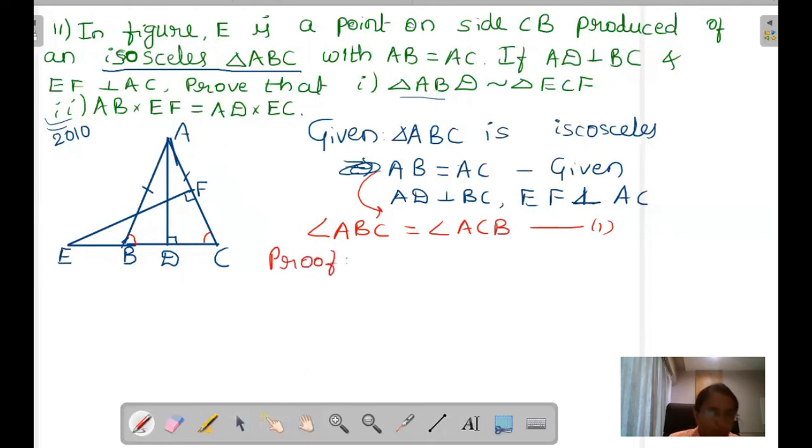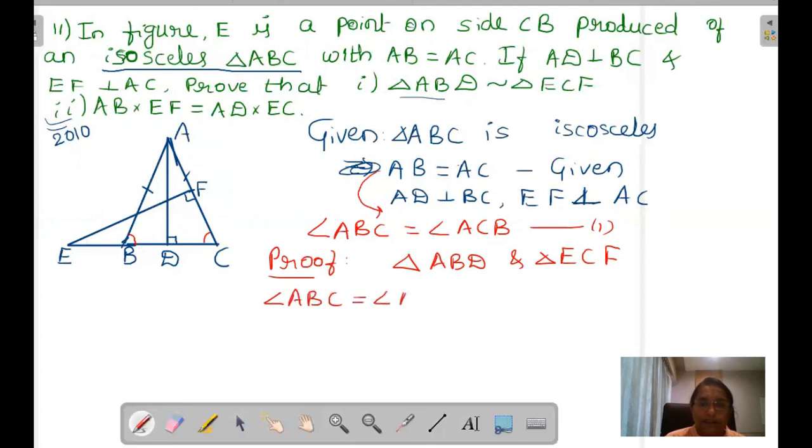Now I'll take the proof. In triangle ABD and triangle ECF, definitely one is angle ABC is equal to angle ACB from 1. Then in ABD, one angle is 90 degrees. In ECF, one angle is 90 degrees.